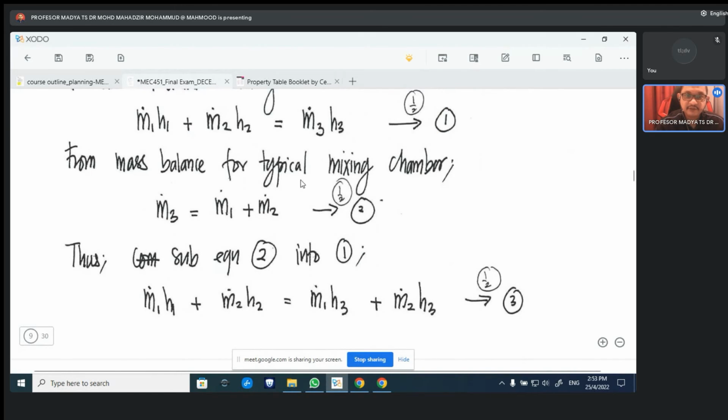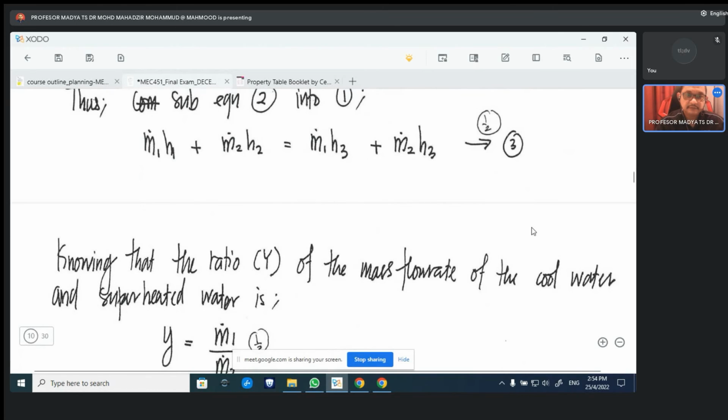But for the mass balance for a typical mixing chamber, m dot 3 is equal to m dot 1 plus m dot 2. Substituting equation 2 into 1, it will give equation number 3.